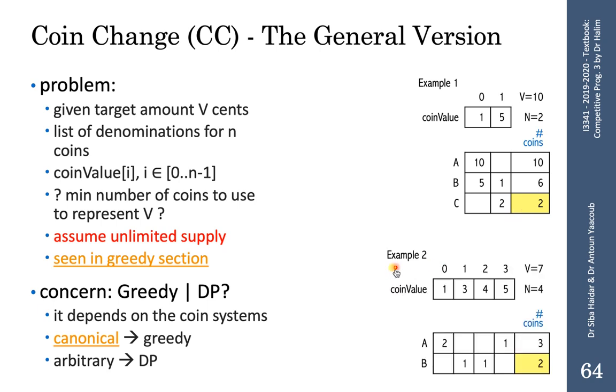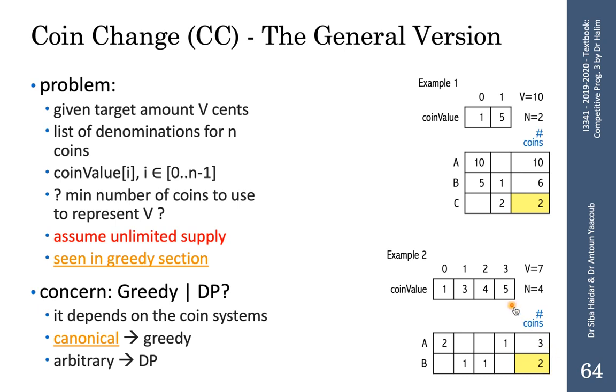Let's take example 2 and examine it. Here we have 4 types of coins and the target value is 7. To represent 7, we can either take 2 coins of value 1 plus 1 coin of value 5, which gives me a total number of coins equal to 3, or the only other possibility is I can take 1 coin of value 3 and 1 coin of value 4, which gives me the optimal number of coins, 2.